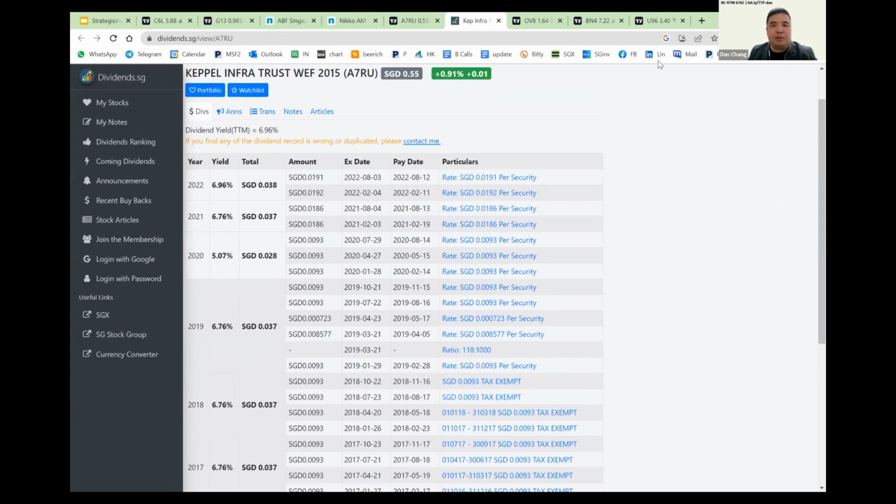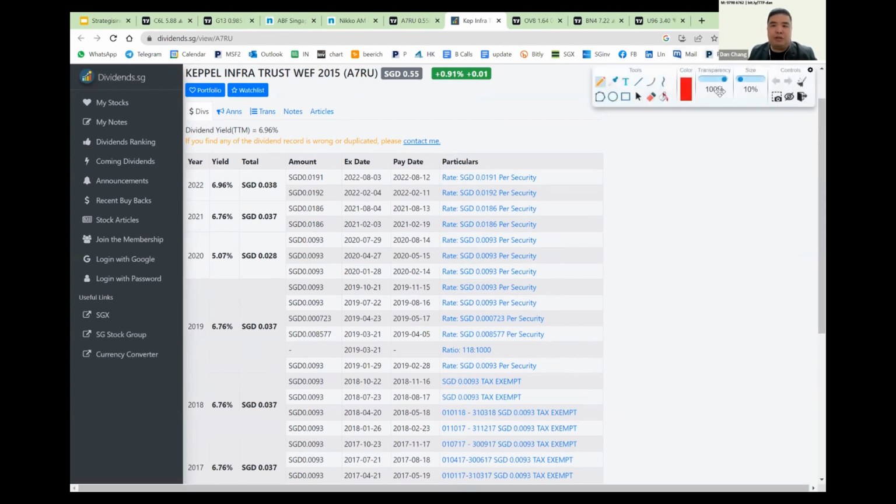As you can see, for Capital Infrastructure Trust, before the pandemic, they gave about 3.7 cents. Even during the pandemic, they gave out slightly less than 8 cents. But in between the pandemic, they were still back to 3.7 cents, and 2022 is 3.8 cents. So it's very, very consistent. And the best part is the dividend yield is high.